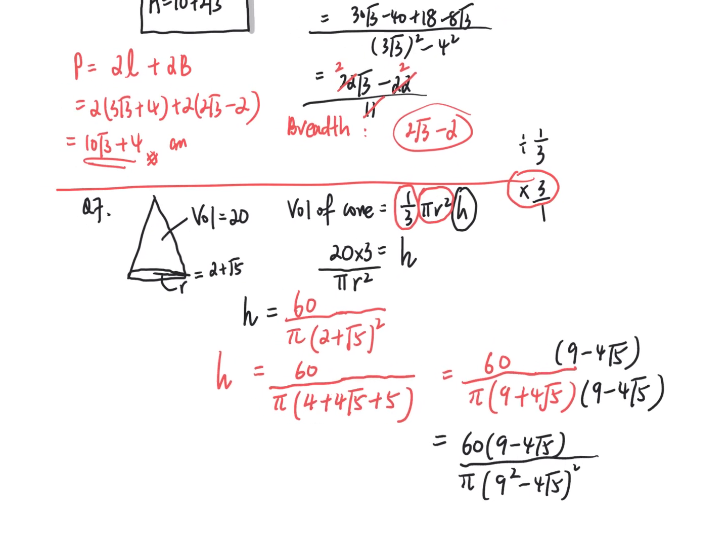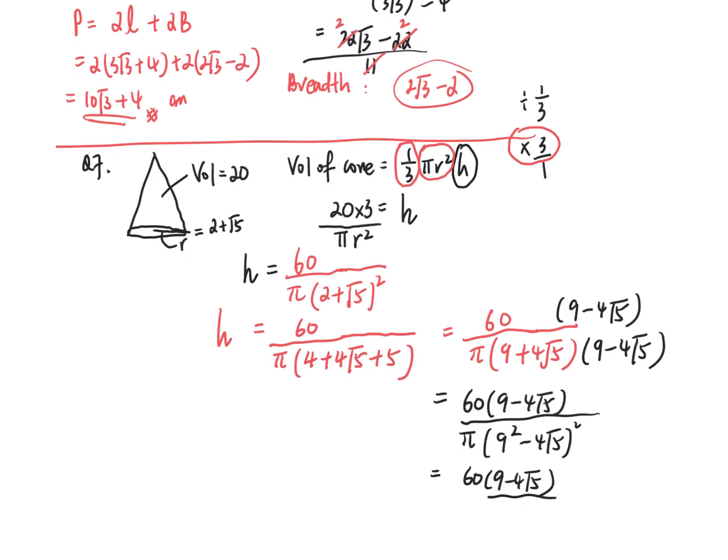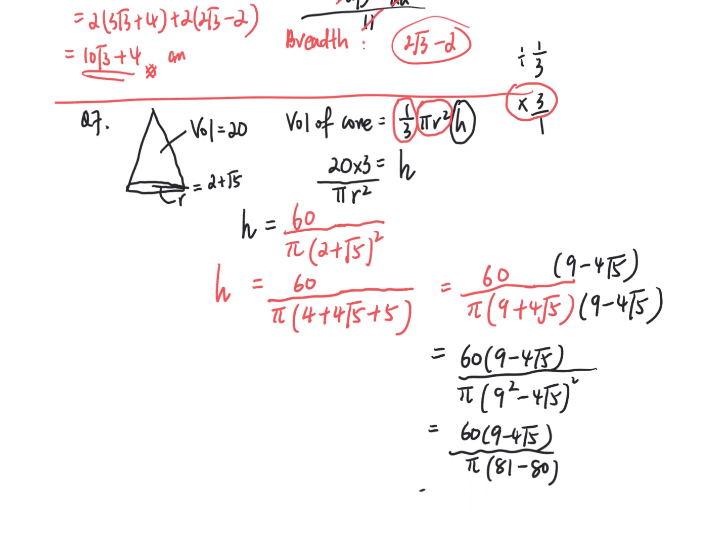So you eventually get 81 minus 80. Okay, shown. Not shown. They say in this form.